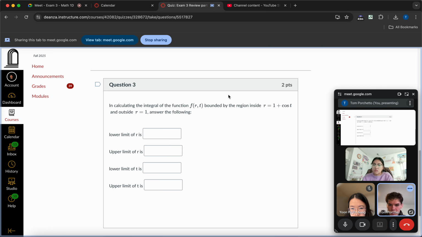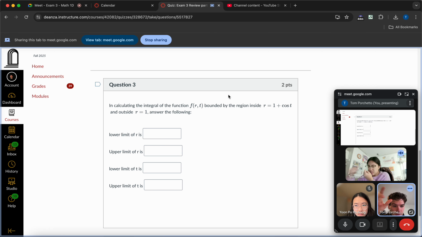Okay, so here we just need to find the bounds. So the procedure is we set in the equation r equals 1 plus cosine of t, r, which we already know is equal to 1.